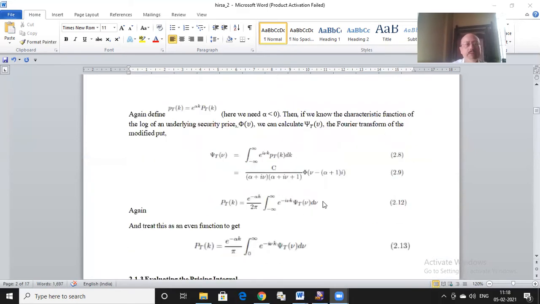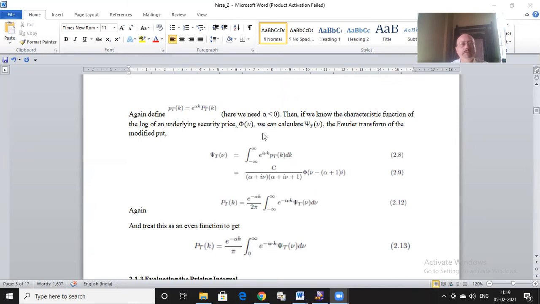So again, this integral, we know we will run into trouble when we are doing the integration. So we introduce again a damping factor, but this time for the put option, we will need a negative alpha. We will need an alpha less than 0, and we define small p as e to the power alpha k times capital P. Again, same discussion.